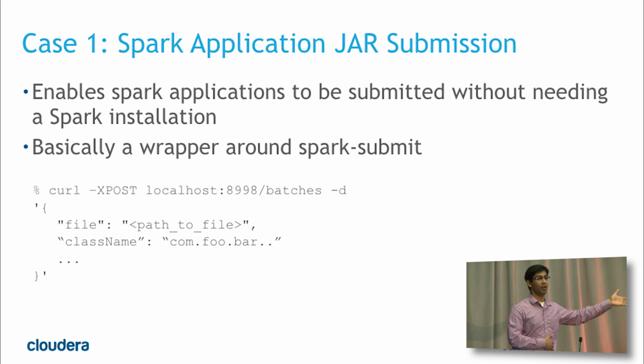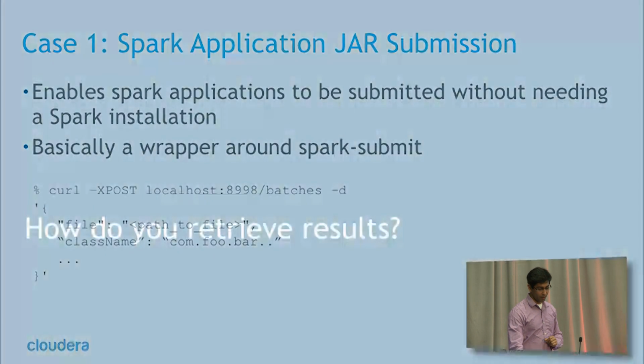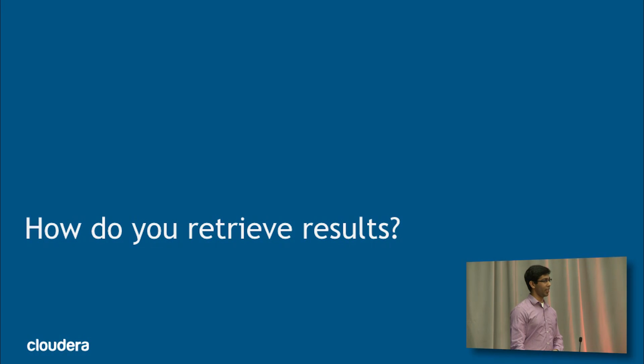But the advantage here is to submit your Spark job, you didn't have to log on to some edge node which has Spark installed. Doing it over REST, you just talk to a service, does simplify the whole process. But still, admittedly, not terribly interesting. The reason it's not interesting is it doesn't let you pull back results of your Spark jobs.